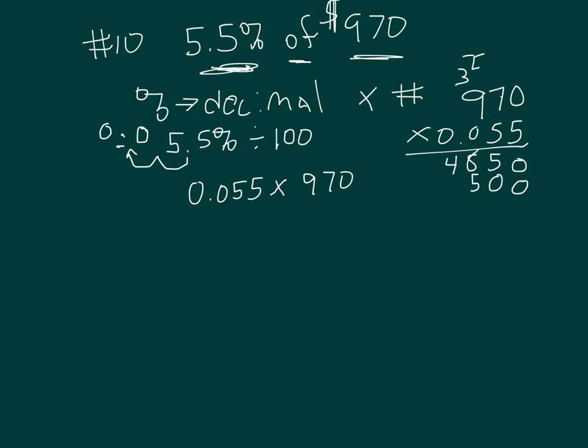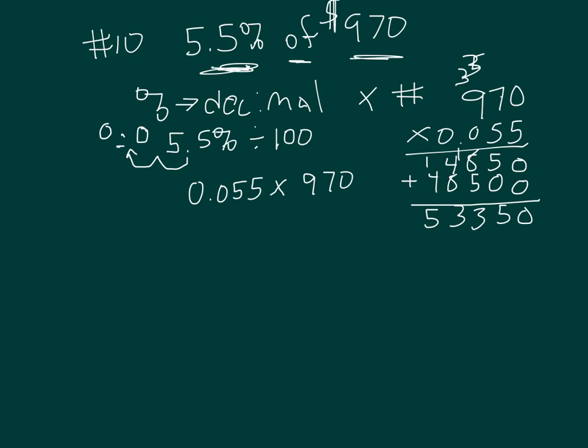Let's carry the 3. It's really going to be that same 485. Hopefully we can see that there. And then we add these together and we get 0, 5, 13. Carry the 1. We get 13. So we get 53350. For there, we need to know where to put the decimal point now.